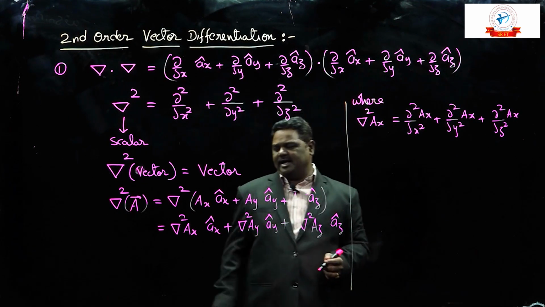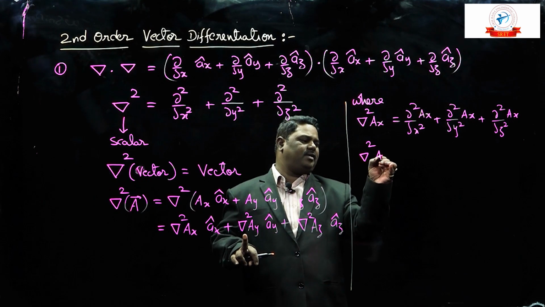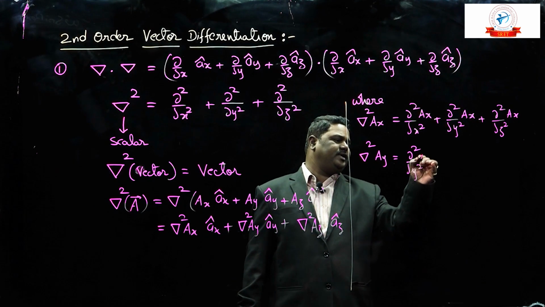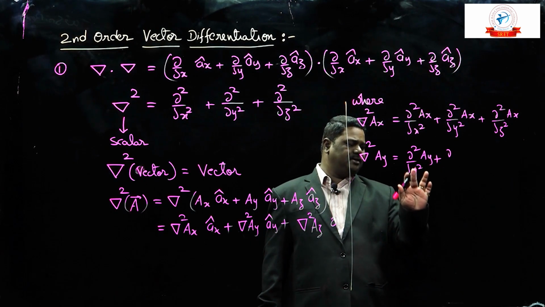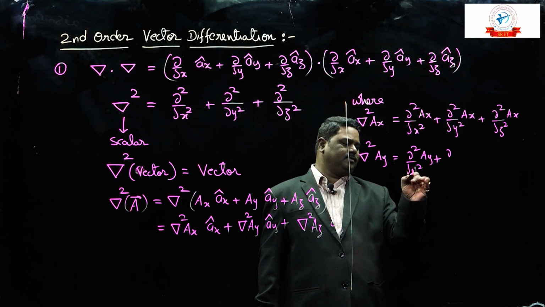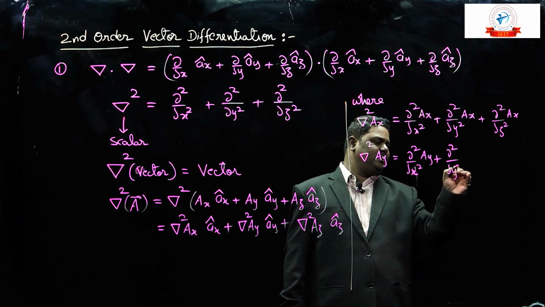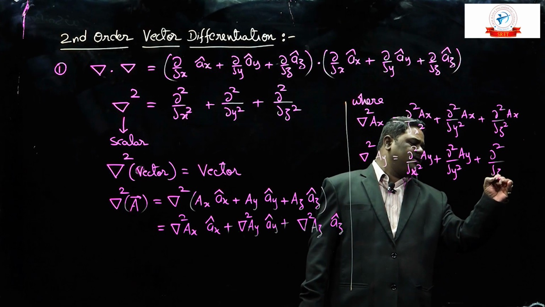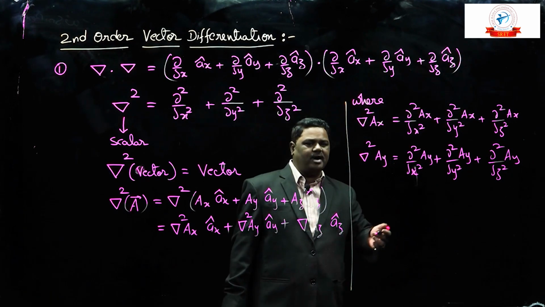Similarly, the second term is del square of ay: dou square by dou x square of ay, plus dou square by dou y square of ay, plus dou square by dou z square of ay. Just a Laplacian on the y component ay.